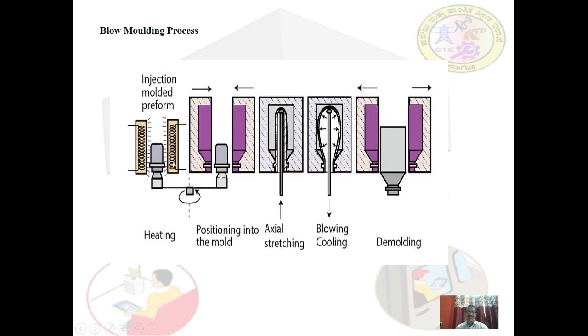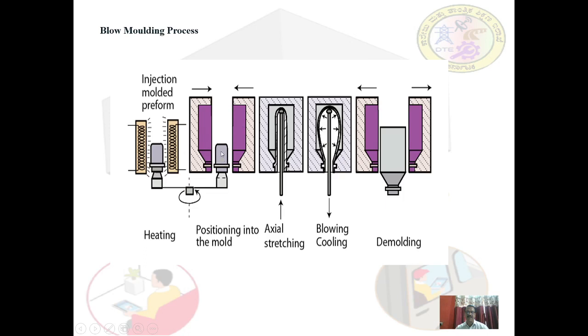Here, the injection molding is performed. The sample is heated in the heater and it is then introduced inside a mold. This mold has two parts, right?